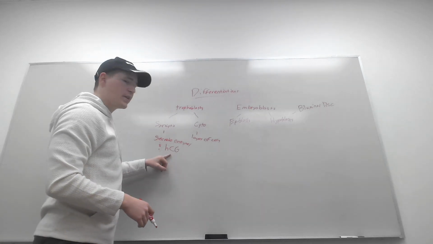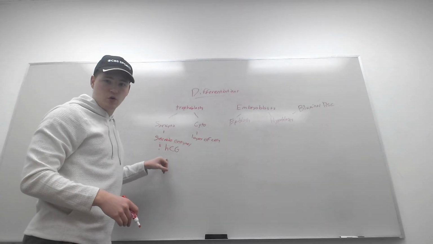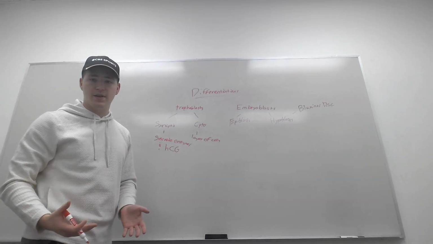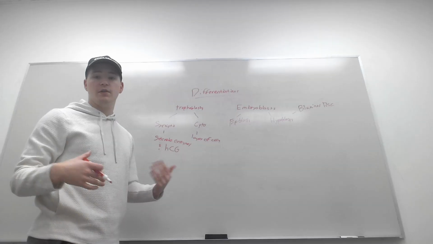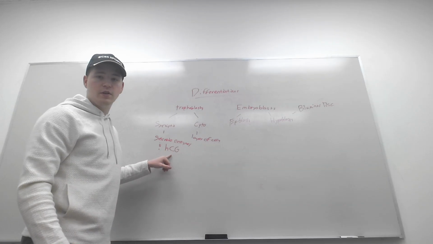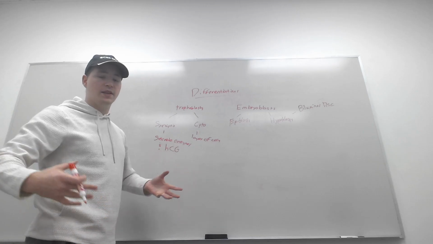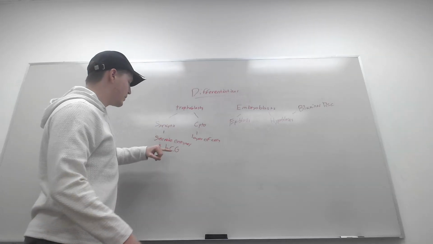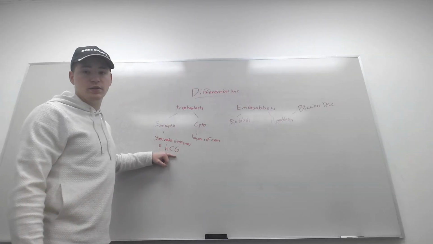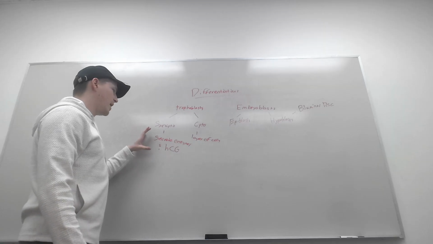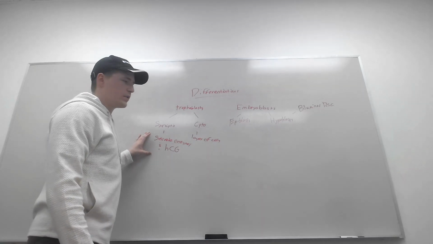That's super key because we need this hormone to keep the corpus luteum alive. If you don't know what the corpus luteum is, go look at my video or someone else's video about the uterine cycle. But the corpus luteum helps the embryo get to full development. And so we need this HCG to keep that corpus luteum alive. That's what the syncytiotrophoblasts do, and we'll see these guys further down the road too.